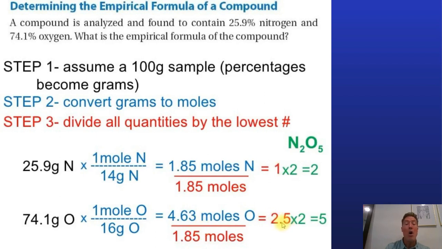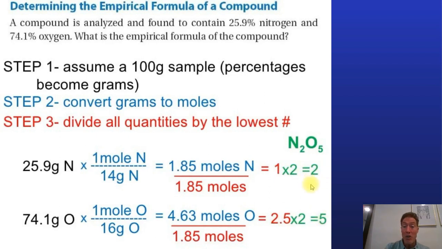Now, that's not a whole number. So we're going to just start multiplying both of these red numbers until we get whole numbers for both. And as you can see, to turn 2.5 into a whole number, I have to multiply it by 2. But whatever I do to one, I have to do to both. So I'm going to multiply both this red 1 and this red 2.5 by 2 to turn it into 2 and 5. Now we have a whole number ratio.